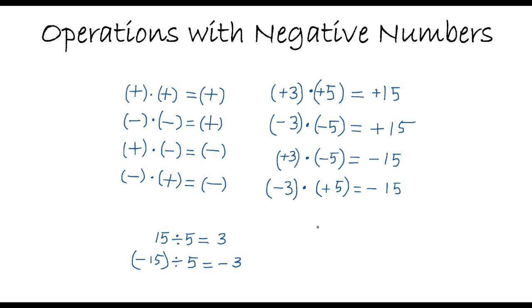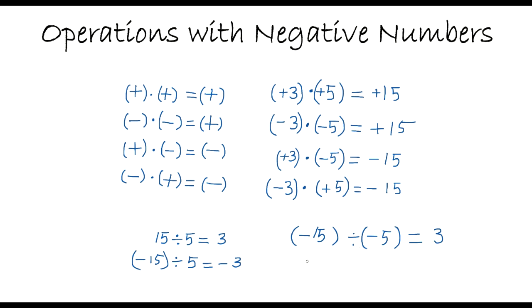Now you have negative 15 divided with negative 5. Both signs are same, so you get a positive answer, that is positive 3.